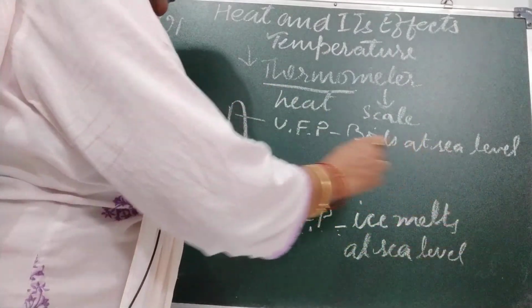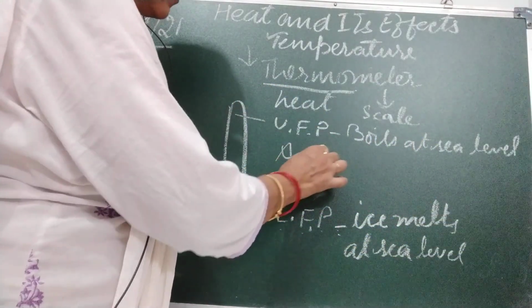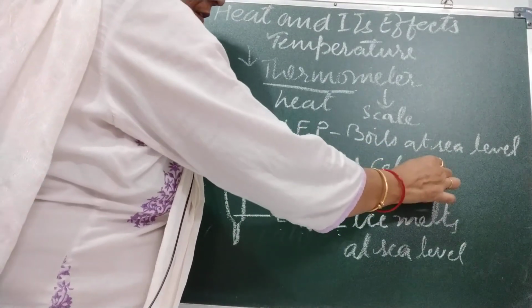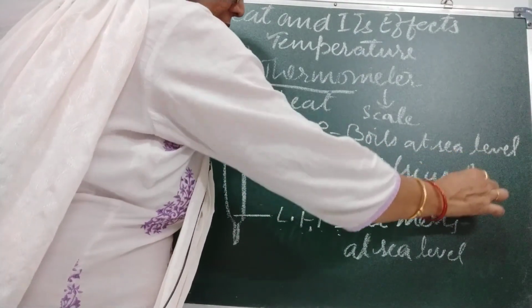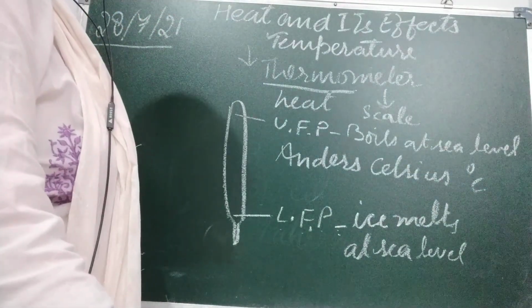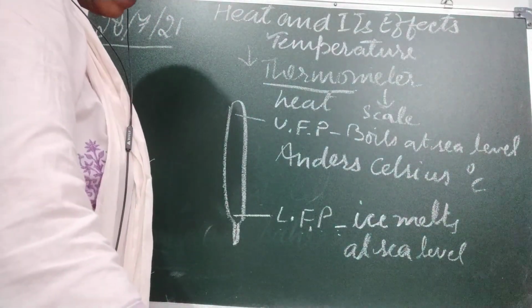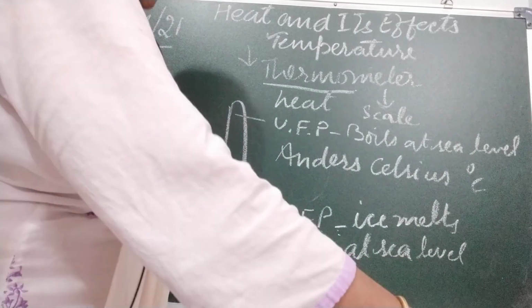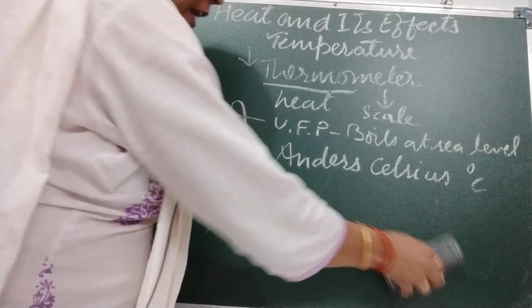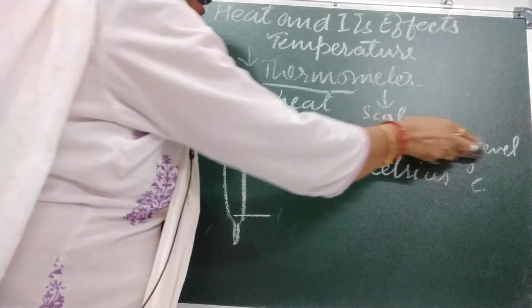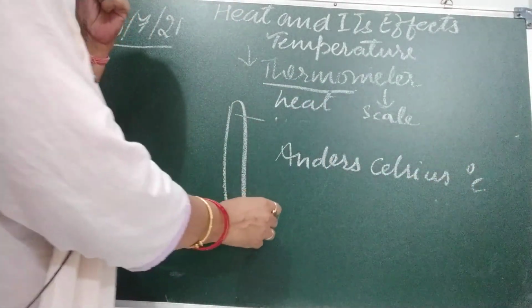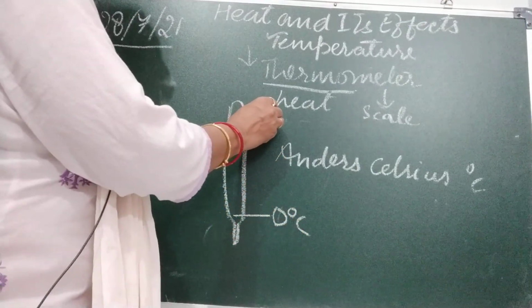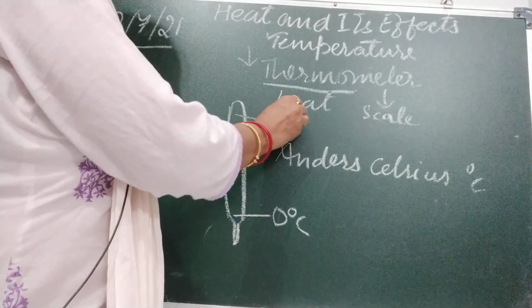In the Celsius scale, the lower fixed point is 0 degree Celsius and the upper fixed point is 100 degree Celsius.